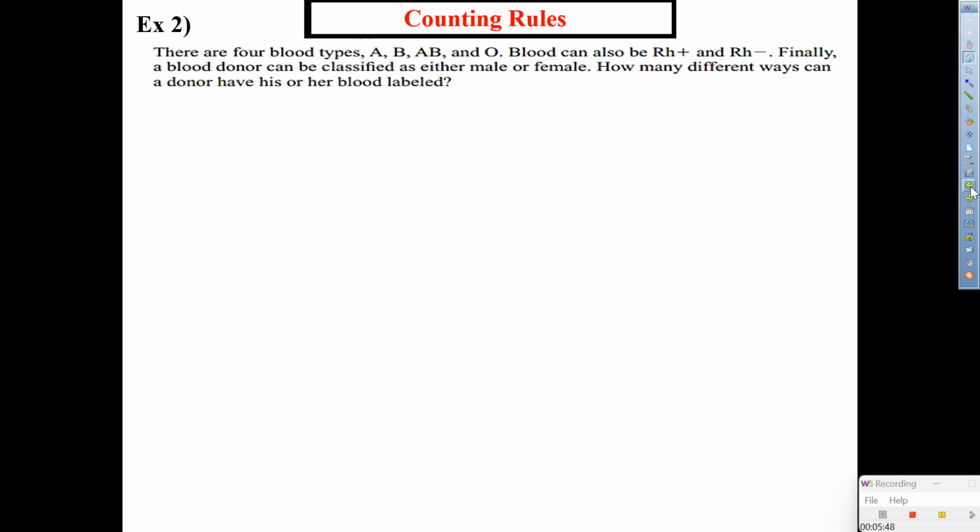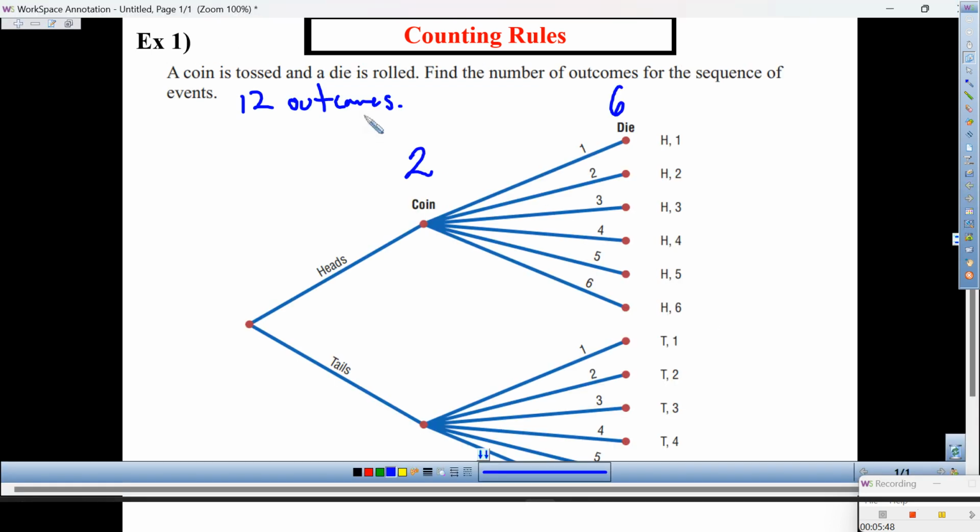Let me go back to the one we just did really quick. This one was just a die and a coin. So how many? 2 of them. 2 different sets of outcomes, right? Outcomes for the coin and outcomes for the die. Okay.